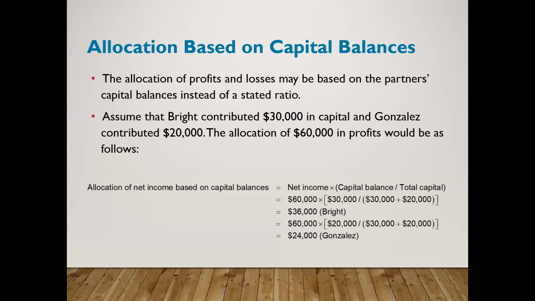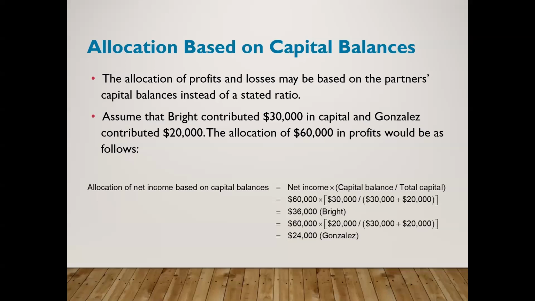So the allocation for Bright would be $60,000 times $30,000, which is the capital that she contributed, divided by $30,000 plus $20,000, which equals $36,000.